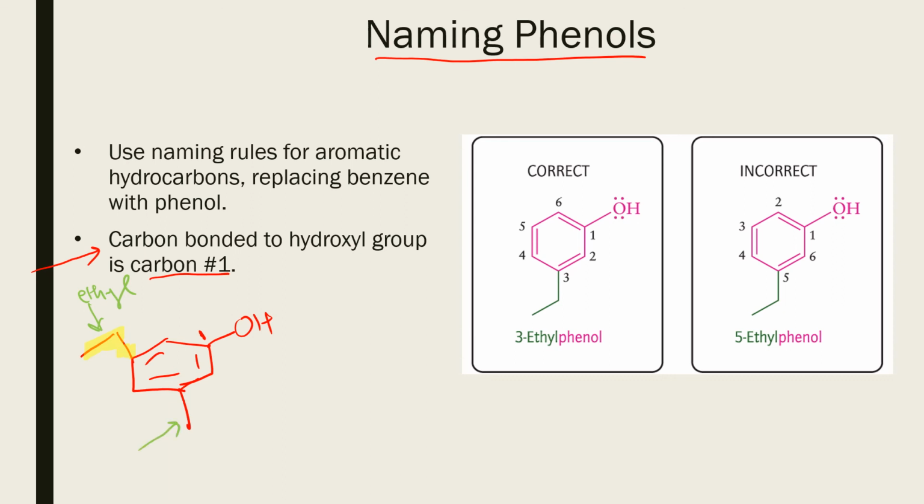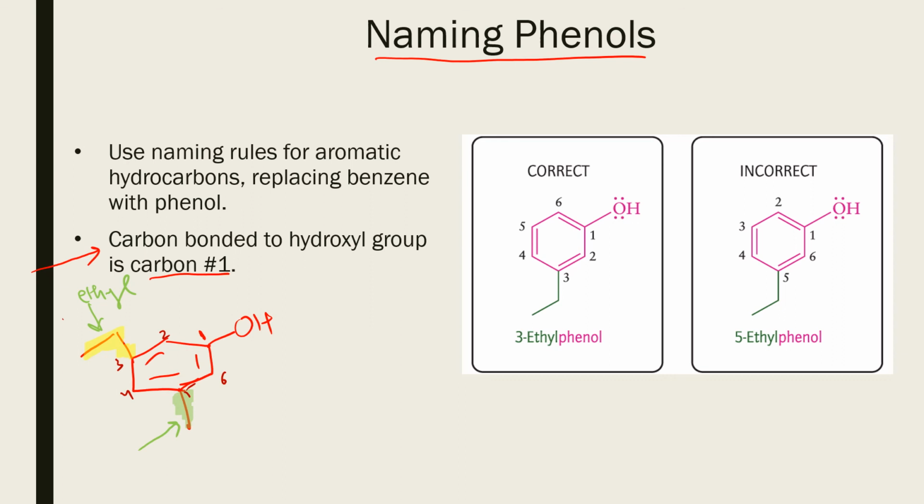at the bottom part of our phenol, we will number it in the anti-clockwise direction, and this carbon will be number 2, number 3, number 4, number 5, and number 6. So therefore the name of this phenol will be, first we write the names of alkyl substituents alphabetically.